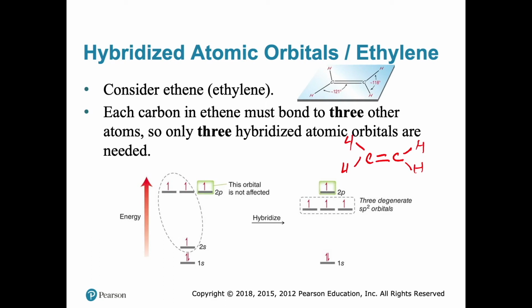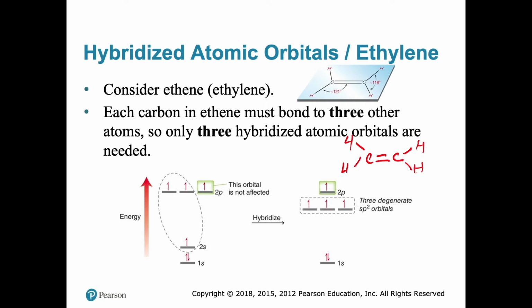Everybody good with this so far? So when you're looking at these orbitals, 3 of these orbitals are going to form 1 bond here with the hydrogen, 1 bond here with that hydrogen, and 1 of the bonds of the double bond.